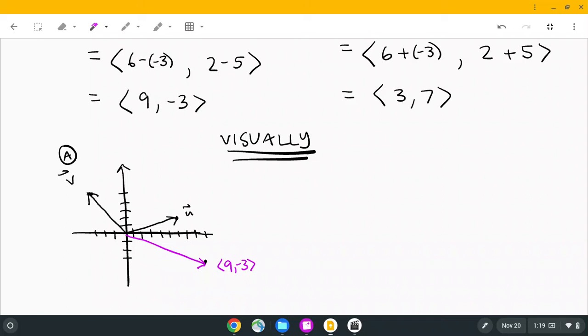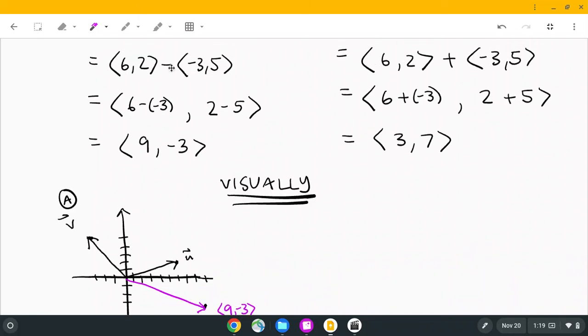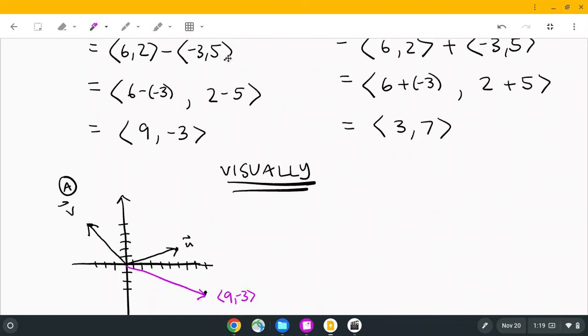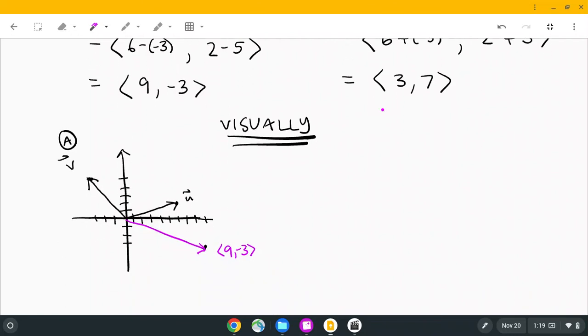All right, so what we have here, 9, negative 3, is actually, if I take the negative of this vector, then I would get 3, negative 5, right? So let me do that in green. 3, negative 5, 3, 4, 5.